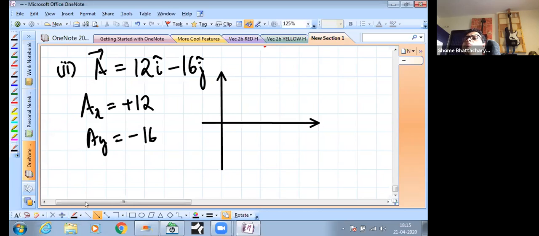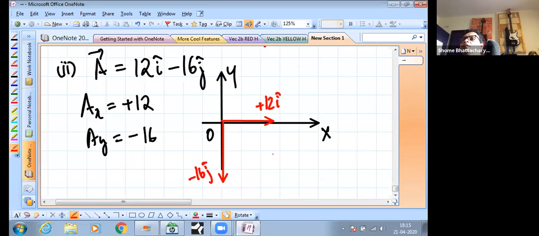With respect to the system of axis, you can see that this is a vector which is having a positive x component and a negative y component. This is minus 16 j cap and this is plus 12 i cap.